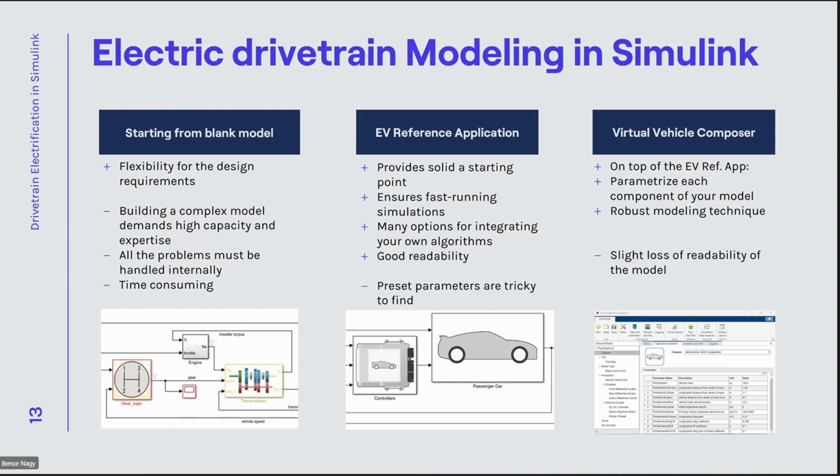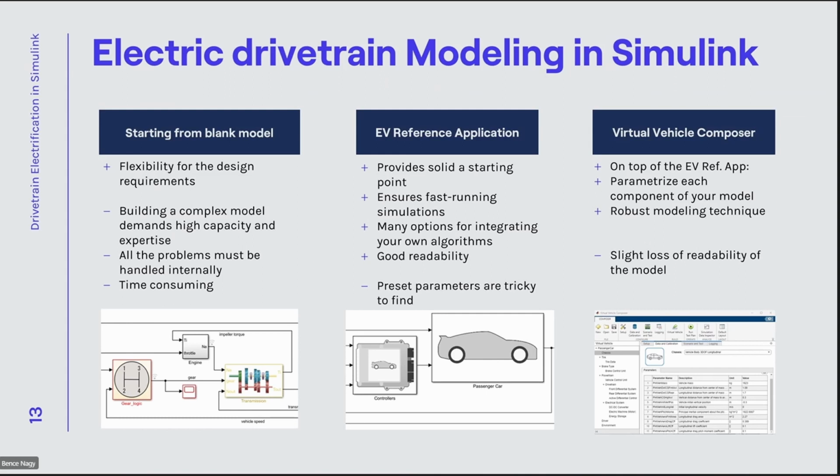And if you want to move further, then you have the Virtual Vehicle Composer. This comes with all the advantages of the electric vehicle reference application. You can also parameterize each component of your model, and it uses a robust modeling technique. So later, if you want to switch something, or you want to change one parameter, you can do it in a model, and it will ensure that you have everything running there.